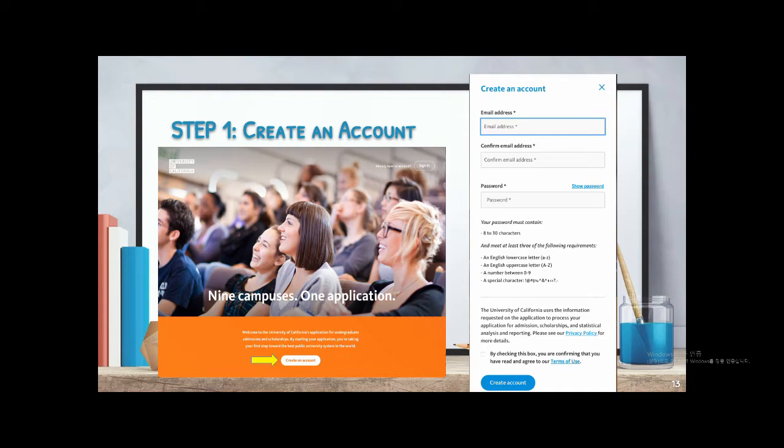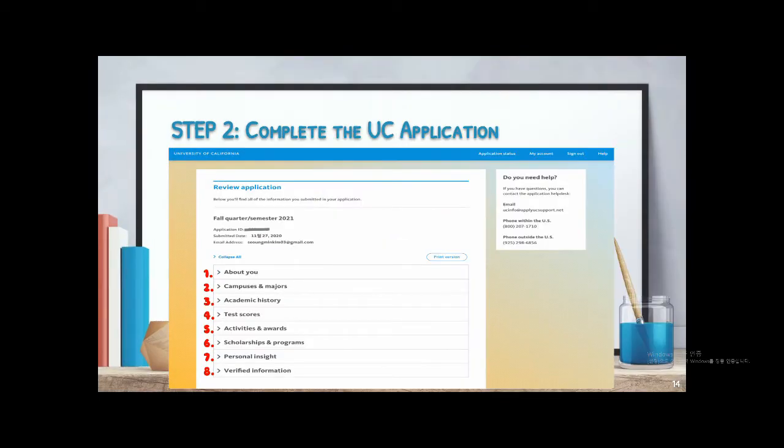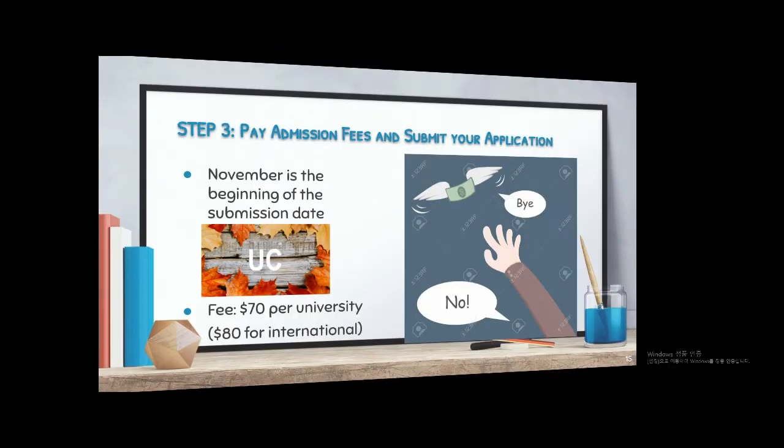After creating your account, you'll be immediately sent to the beginning of the application. The University of California application contains 8 sections: about you, campuses and majors, academic history, test scores, activities and awards, scholarships and programs, personal insights, and verified information.